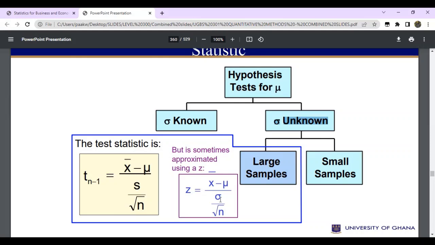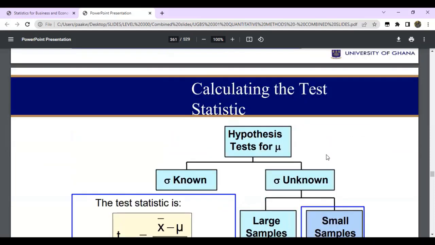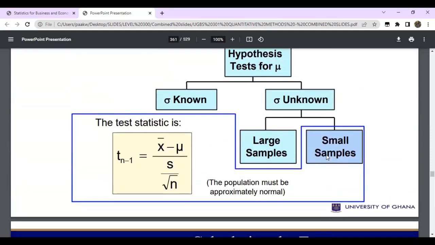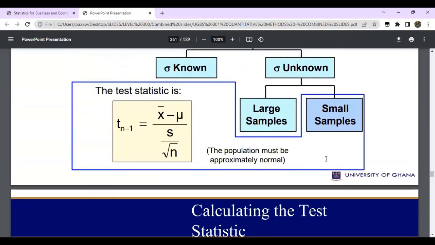Or you can use the Z one. And when your sigma is unknown and your sample is small, that one is strictly the T statistic. You get it.